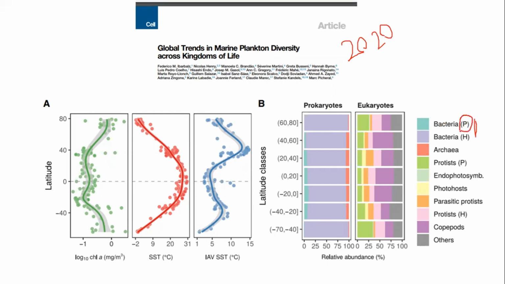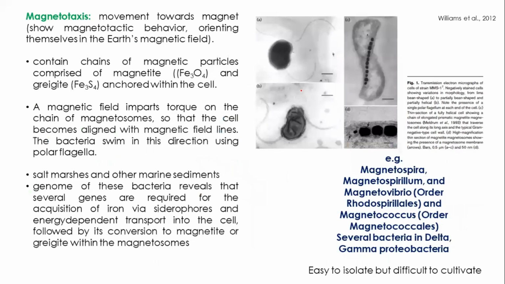P is photosynthetic, H is heterotroph. Likewise, you can see the dominance and relative abundance at different latitudes, right? If you are interested, you can go and have a look at this new 2020 paper.